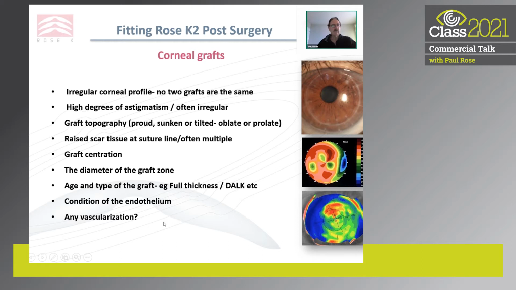And that's very, very important when you're thinking about the type of lens that you're going to put on this cornea. Also, do you have any vascularization up to the graft? Obviously, you do not want to reduce oxygen. You want to maximize oxygen to the graft, or otherwise those vessels could penetrate into the graft and cause rejection.